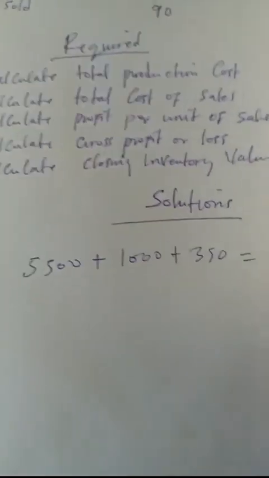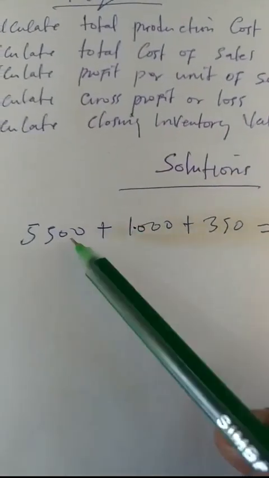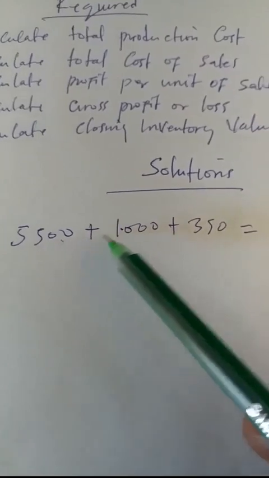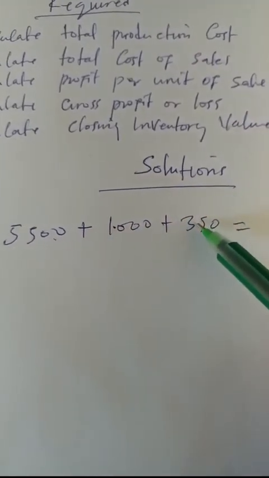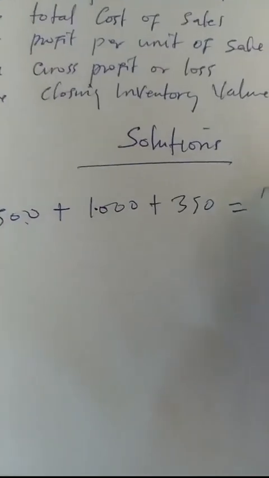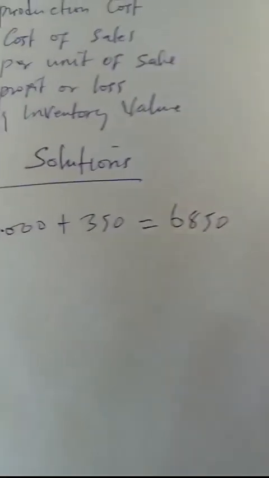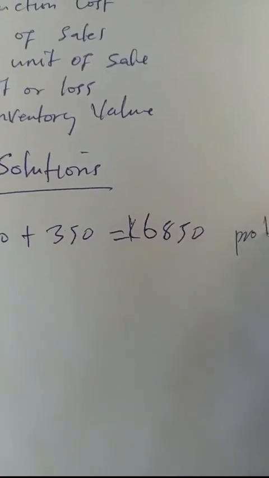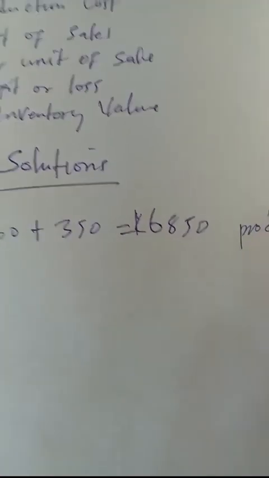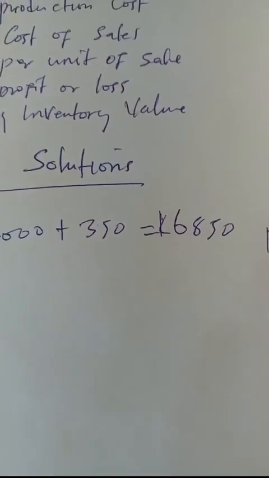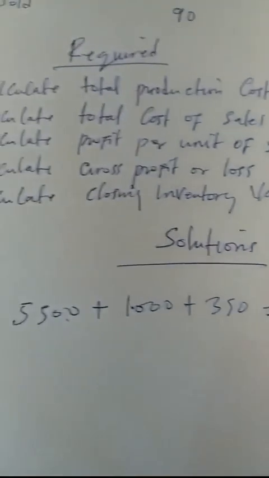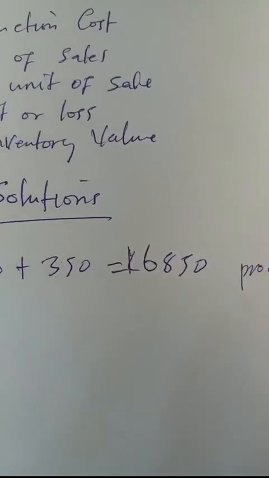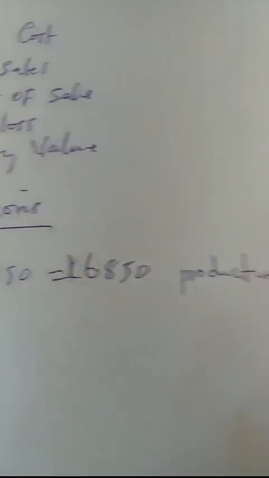This will give us 6,500. In total, it's going to be 6,850. 6,850 kwacha was your production cost. If you've attempted question 1, then we found 6,850 as our total production cost.